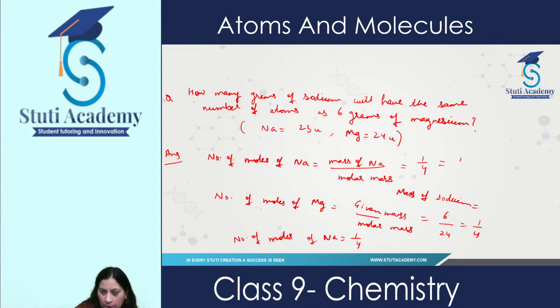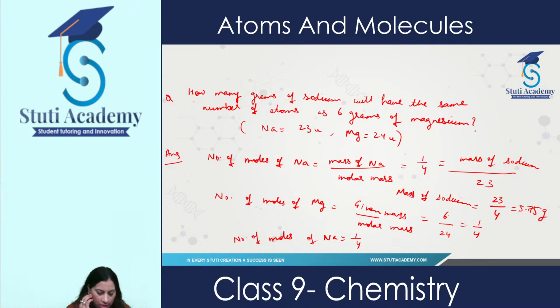So if you need to find out how many grams of sodium will have the same number of atoms, mass of sodium is 23 upon 4, which is 5.75 grams.